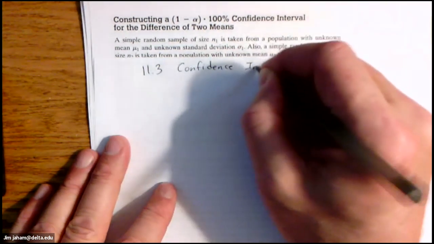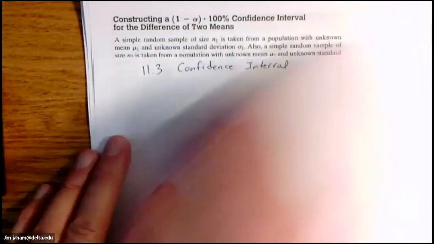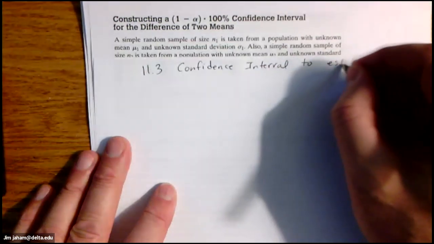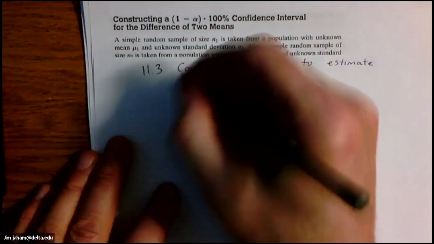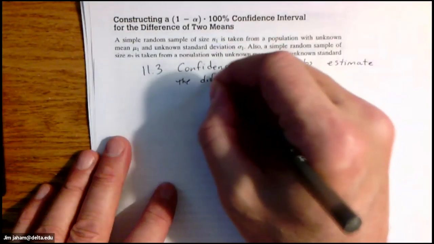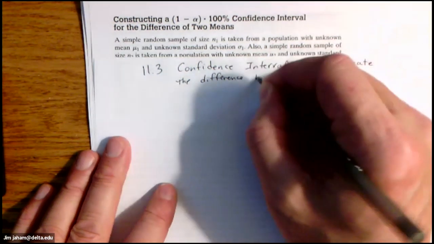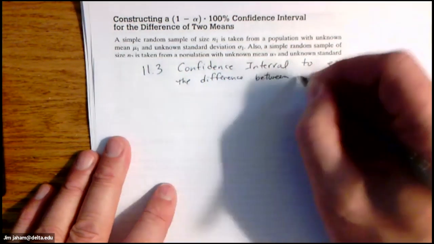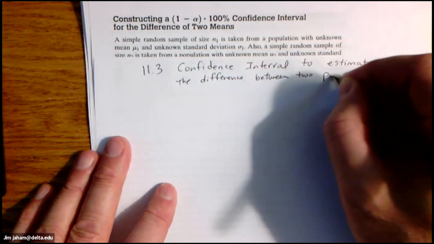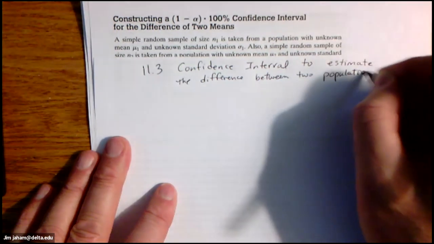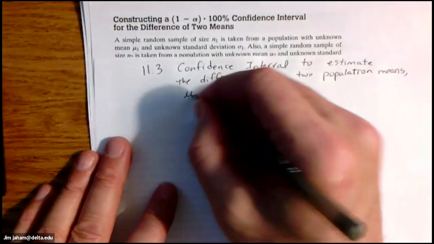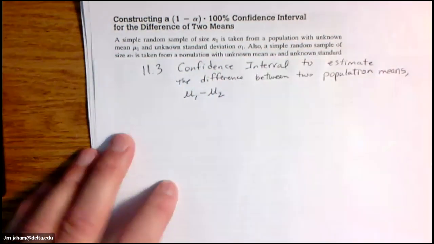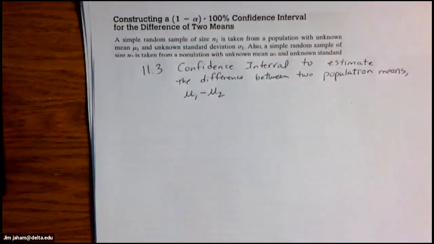We're going to calculate a confidence interval to estimate the difference between two population means. In symbols, mu1 minus mu2. So this is going to look very similar to what we've done in the earlier sections.